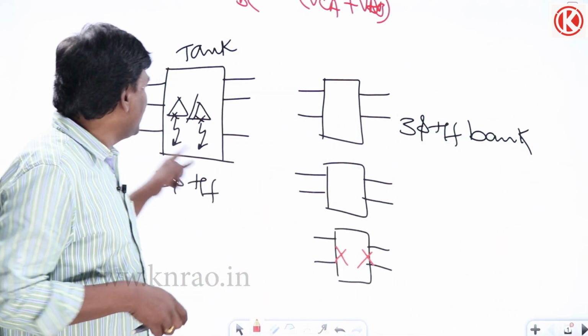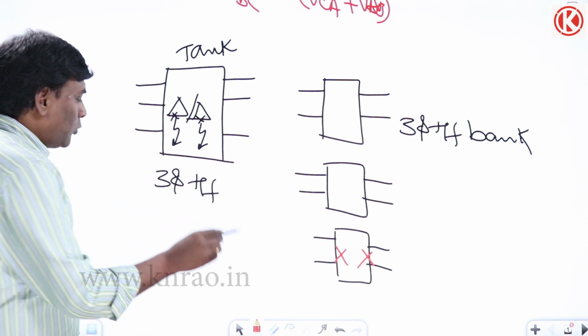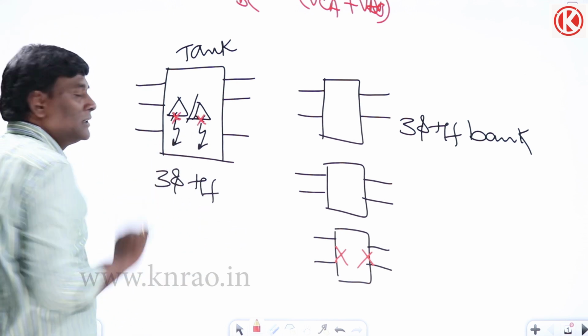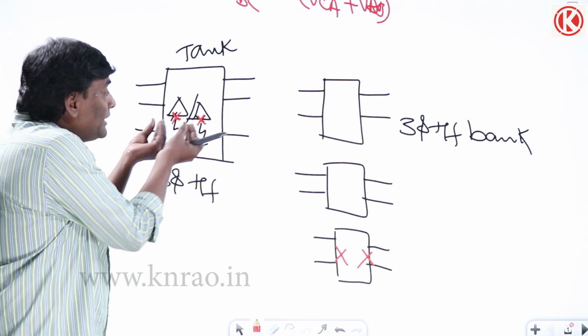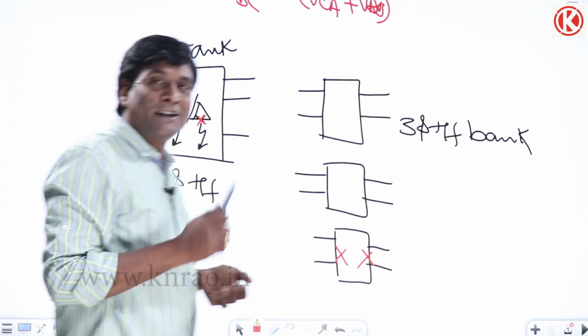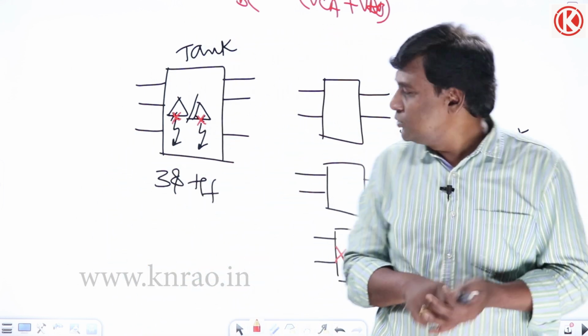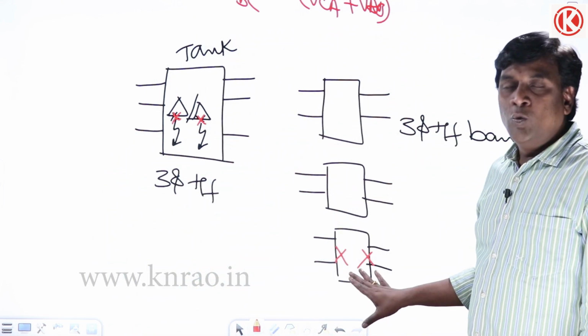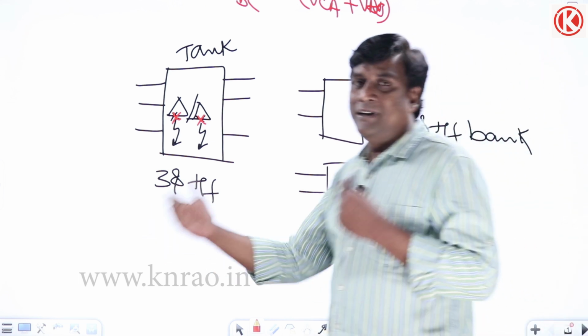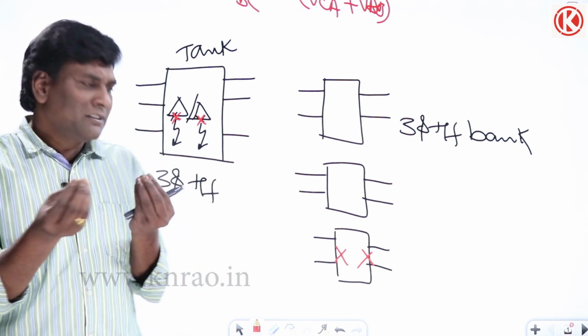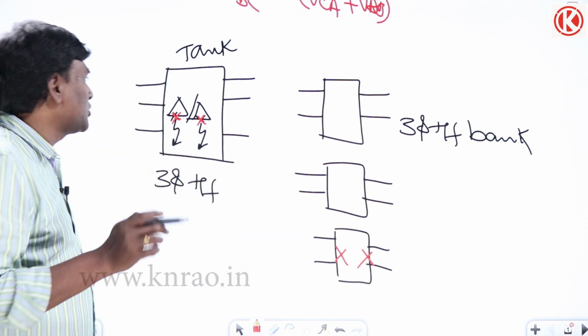But in this case, the moment one of the phase windings failed, we cannot go inside and remove that particular transformer and send it for repair work. So in this case only open delta connection is possible, and only for a very short duration of time.